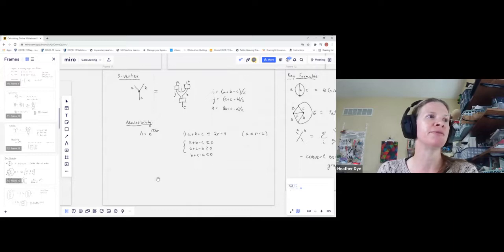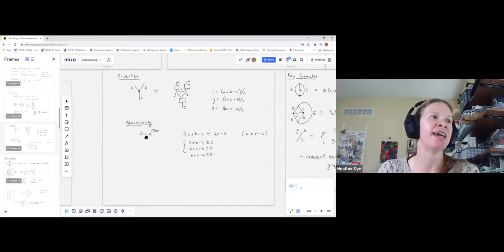So to compute our invariant, though, we'd actually like to have numerical values. So then we get into taking our A to be a particular value.